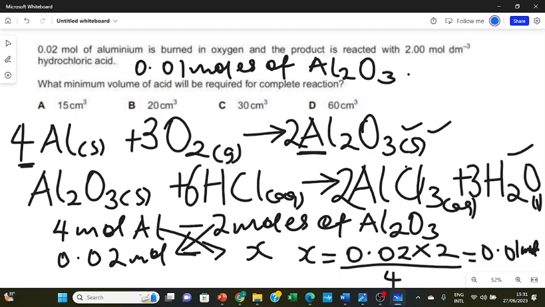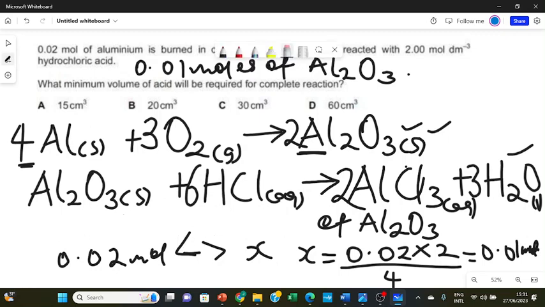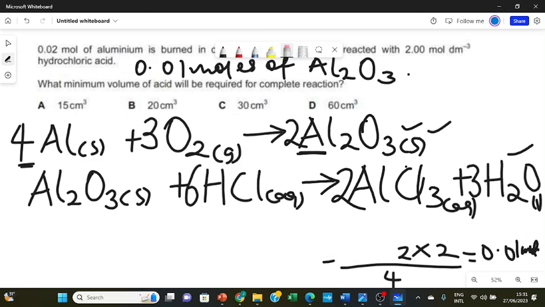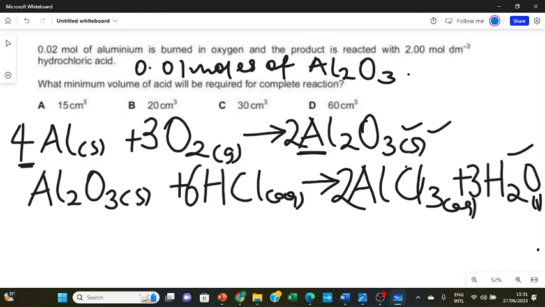Now, when I go to the next equation, I have to erase this. Looking at the next equation, 1 mole of aluminum oxide reacts with 6 moles of hydrochloric acid.